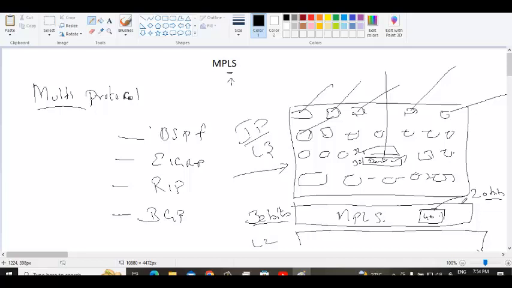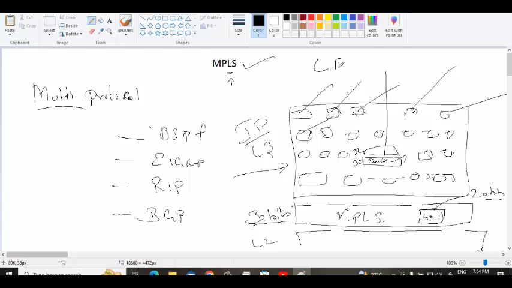When MPLS is enabled, a label will be initially assigned to every single network. A unique label will be assigned to every single route in the routing table and maintained in the MPLS label forwarding information base.